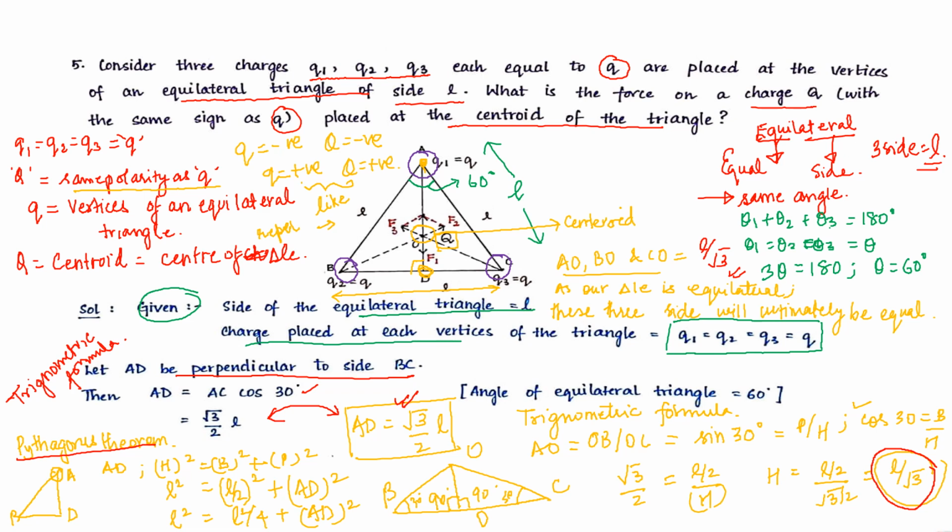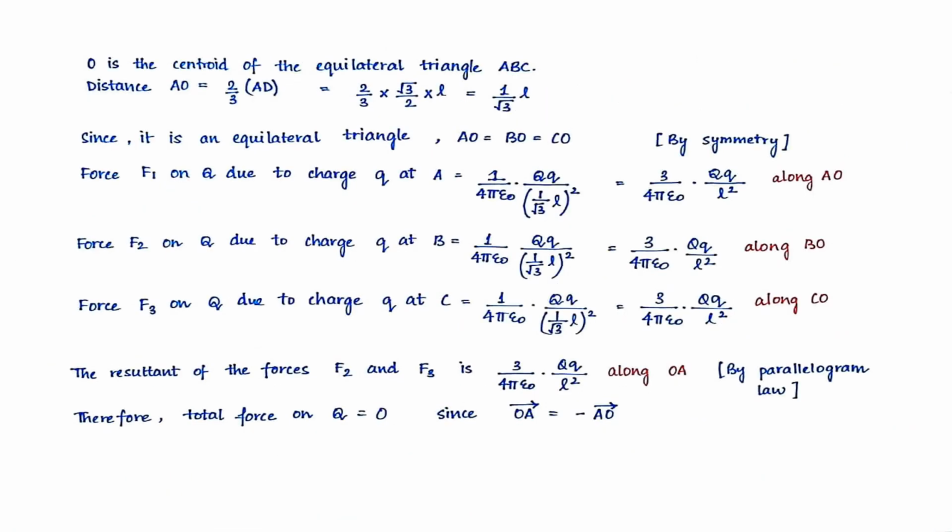And for the second time, we used the trigonometric formula to find the length from A to O, B to O, and C to O. At O, we have capital Q charge, on which we have to find the force due to Q1, Q2, Q3.